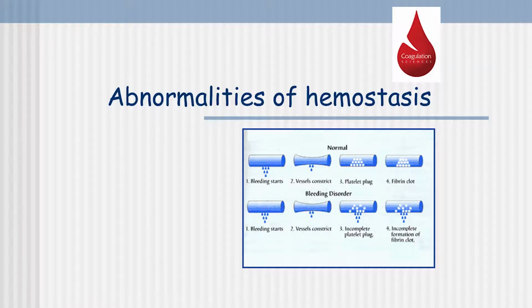Okay? Now, if bleeding starts and there isn't enough platelet plug, there will still be bleeding occurring. If there aren't enough platelets in the blood, it will lead to blood still being lost or blood flowing out of the vessel.